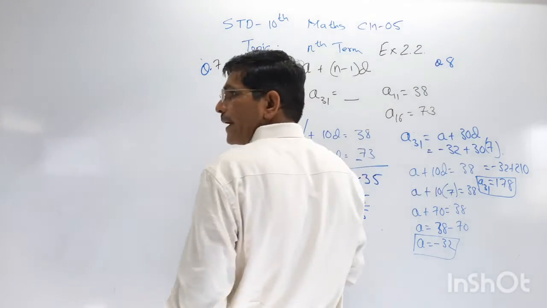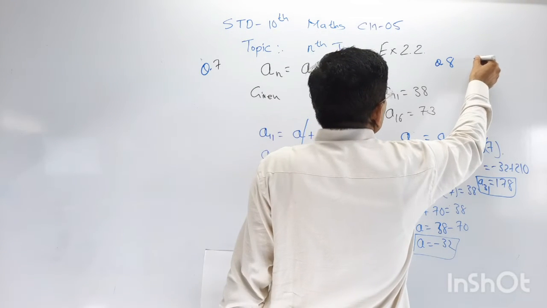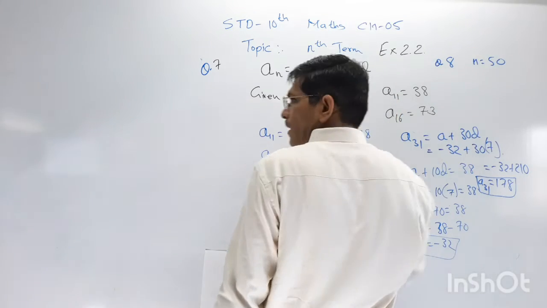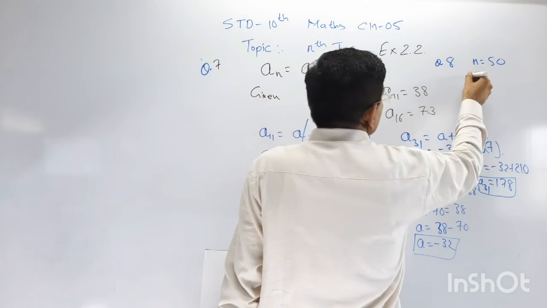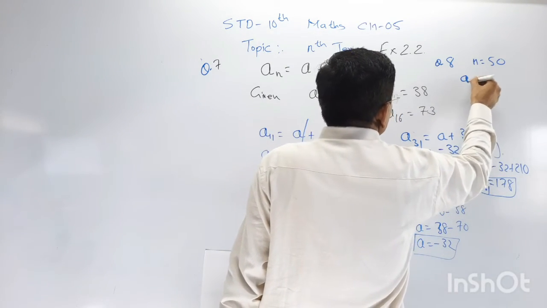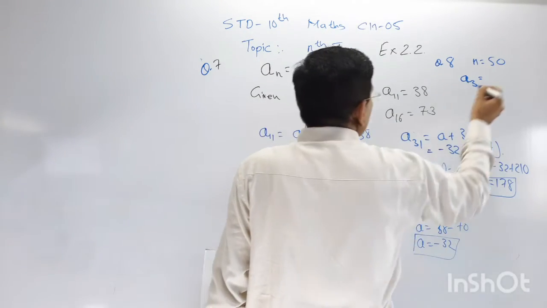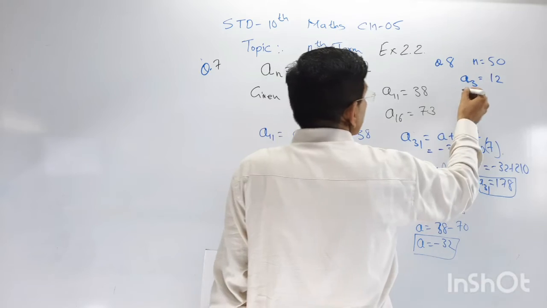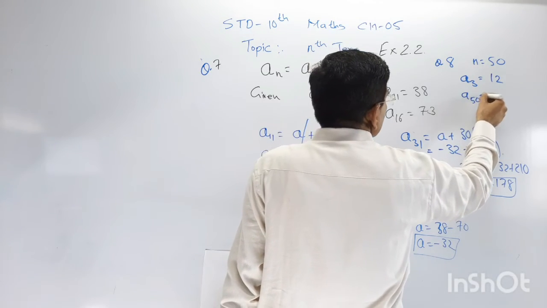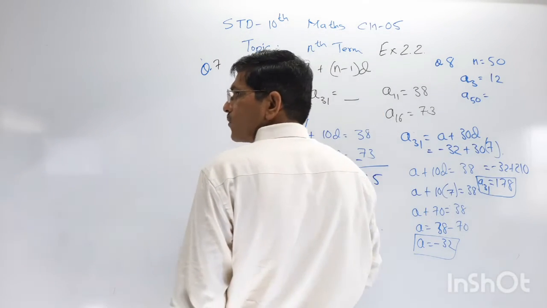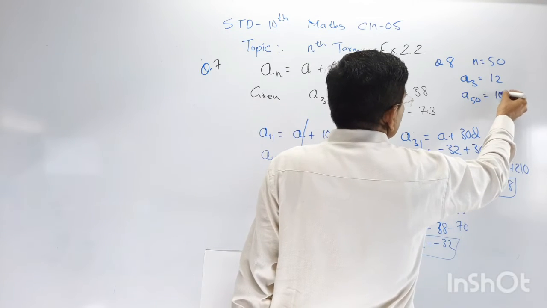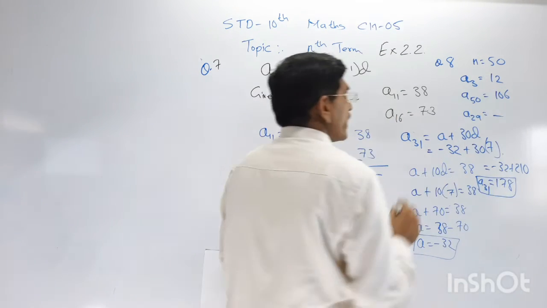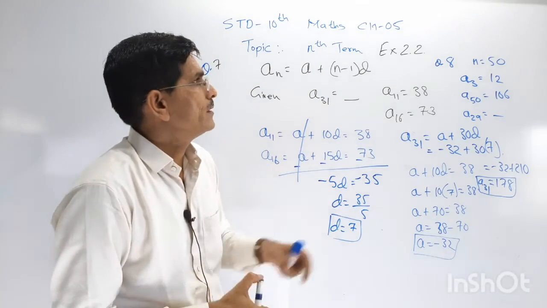Total n is equal to 50, and the third term, that is A3, is equal to 12. And the last term, that is A50, is given as 106. Find A29. We can easily do it.